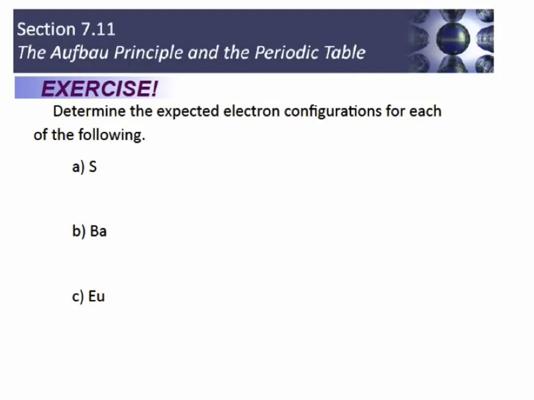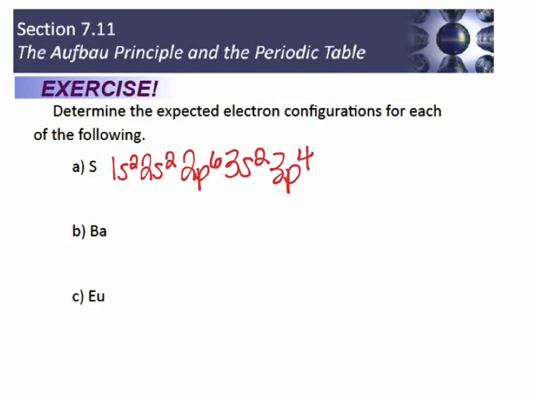So we start at the very top of our book: 1s2, 2s2, 2p6, 3s2, 3p4. S is 16. Make sure your superscripts match. We have 2 plus 2 is 4, plus the 6 is 10, plus 2 is 12, plus 4 is 16.